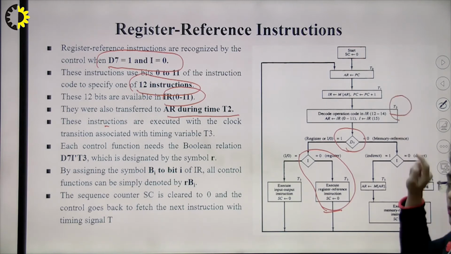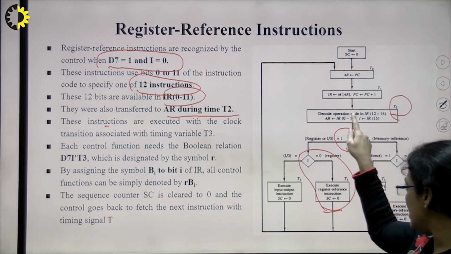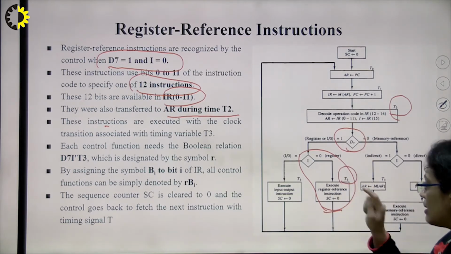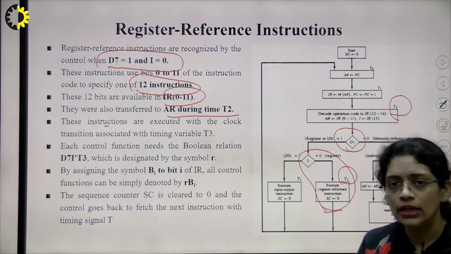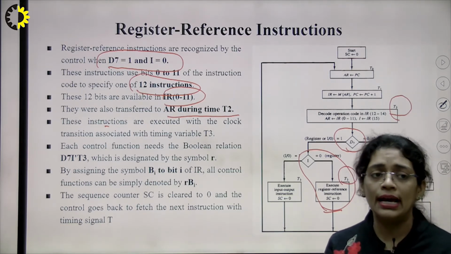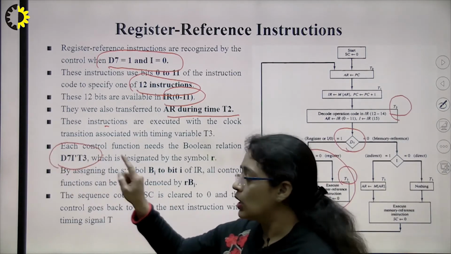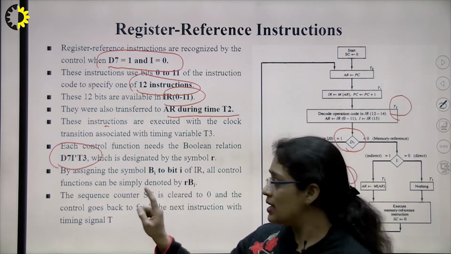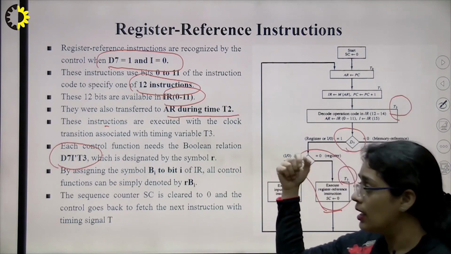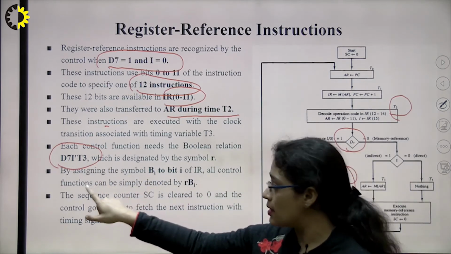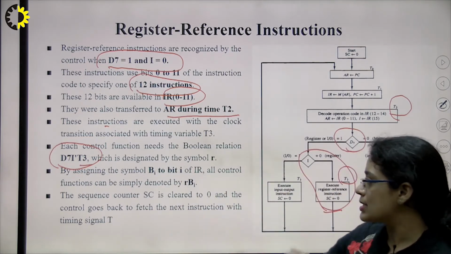At time T3 we are finally executing the instruction, after decoding and finding out what the exact instruction is. So the register reference instruction would be executing when the condition is D7, then I', meaning it's a register reference, and at time T3 we'll perform this operation.